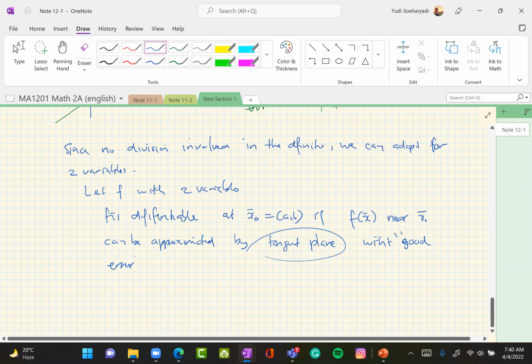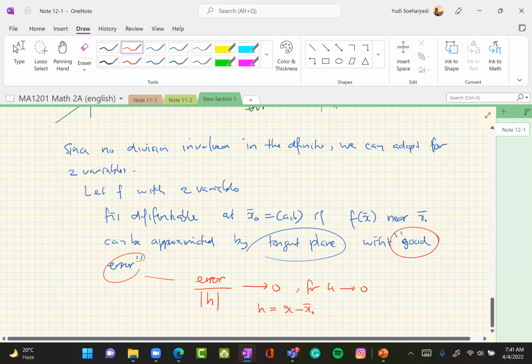That's really a good error, meaning that the error compared to the difference between x and the vector a goes to 0 as h goes to 0.